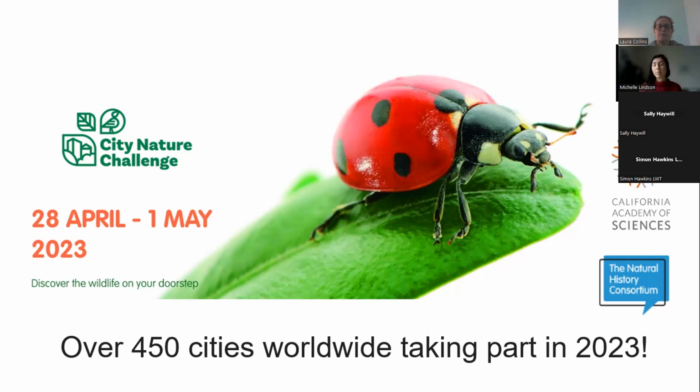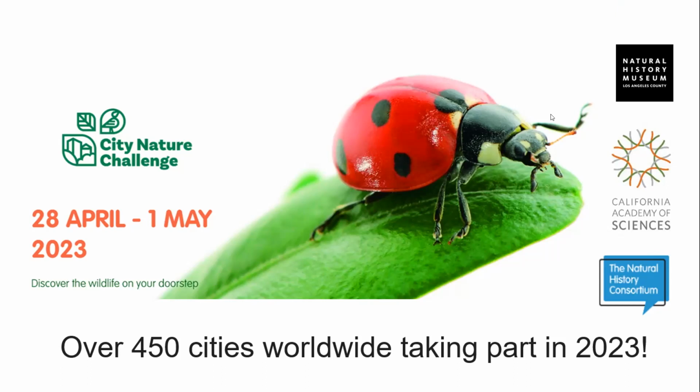London's actually been involved since 2018, and ever since then, the challenge in London has been led by the Natural History Museum's community science team. I became aware of it when I used to work for a friends group in Tower Hamlets, and started going to the meetings with the Natural History Museum about the challenge and started to deliver events in Tower Hamlets, and it was such a huge success, and I've become a bit obsessed with it.